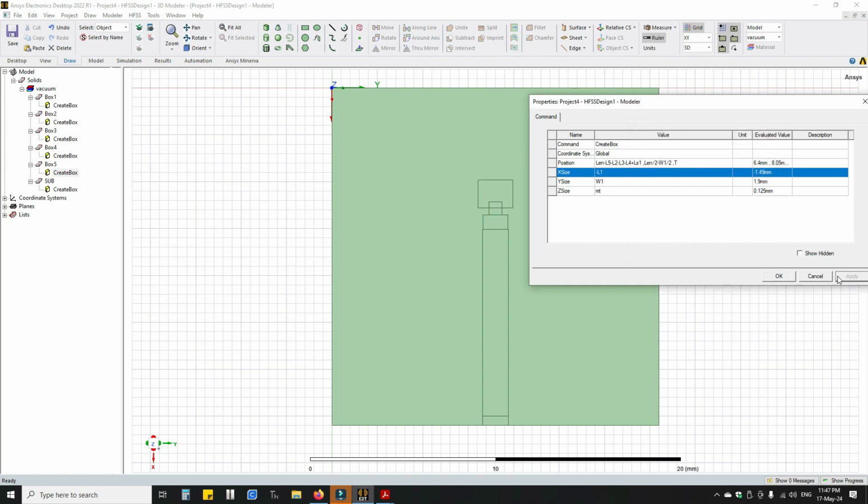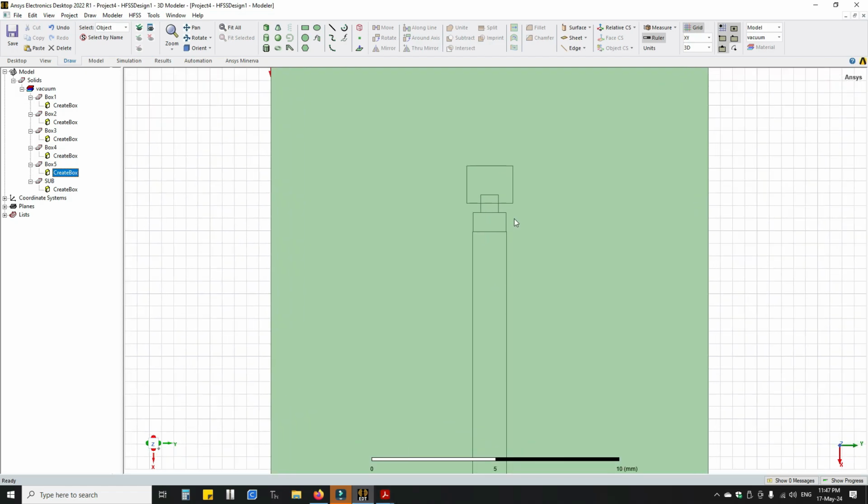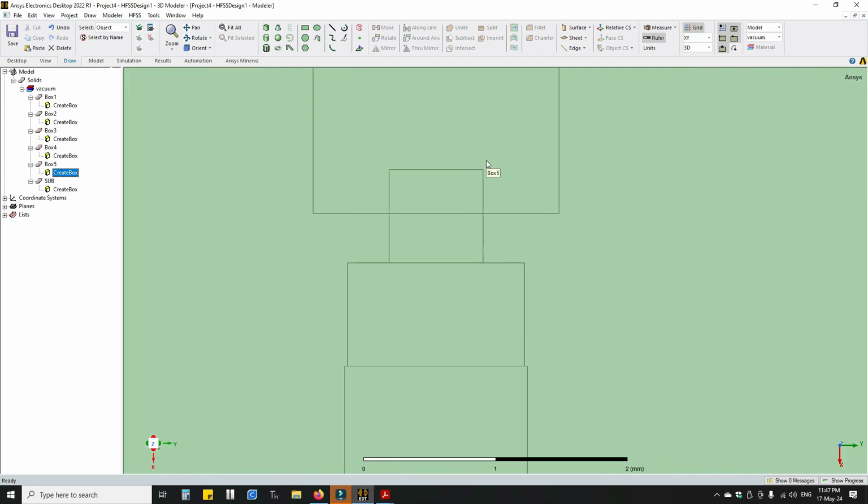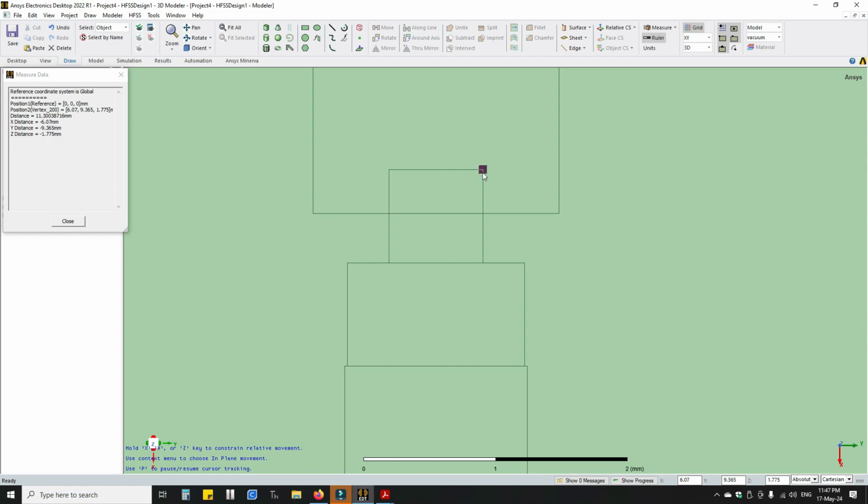Hit apply. Now you can see we can measure how much distance from here to here. 0.33 on an average. Okay, very good.